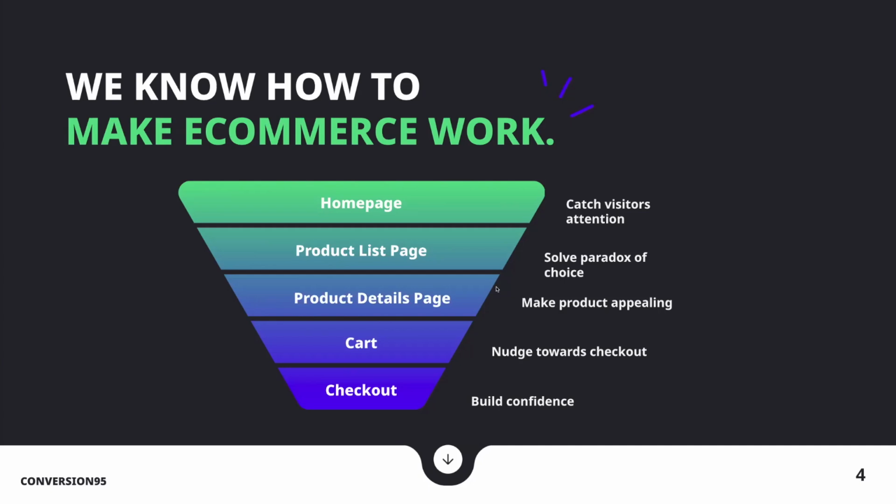And the general goal for a homepage is to catch visitors' attention, to list out some uniqueness of the brand, make it stand out from competitors, and nudge them to explore further. Now, once they explore further and reach product listing pages or category pages, we aim to solve their paradox of choice, make their decision-making and finding the products that they are looking for as easy as possible.